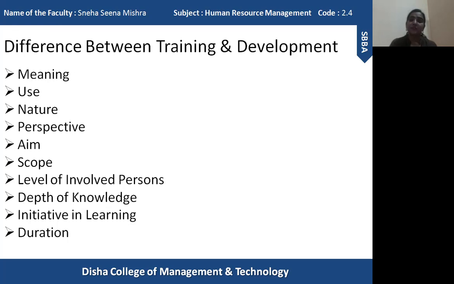So first of all, the meaning. Obviously, training and development have different meanings. Training is for a specific job, but development is for the overall development of the employee, whether it is attitude, skill, knowledge, or personality. Each and every aspect of the employee is developed and improved. But in case of training, it is meant for a specific purpose, that is a specific job.